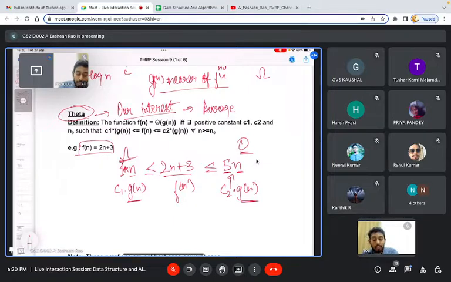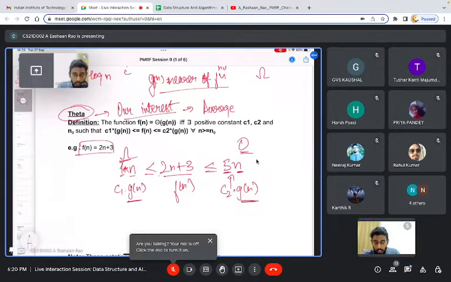This will tell us about the average case aspect of the particular time function that we are solving for.